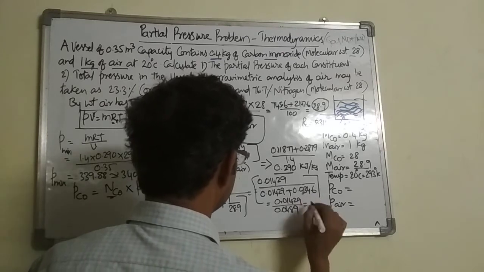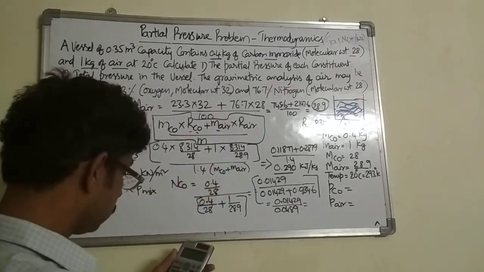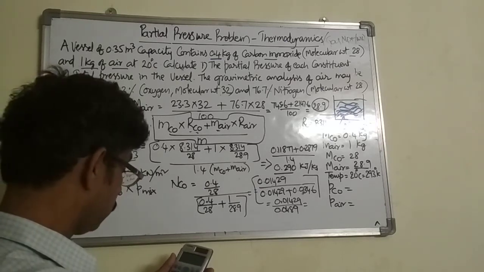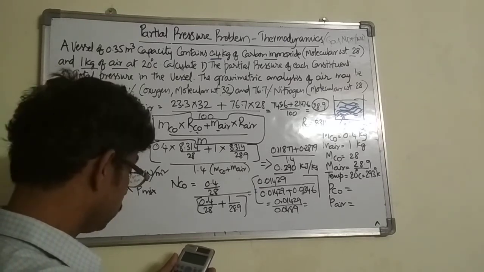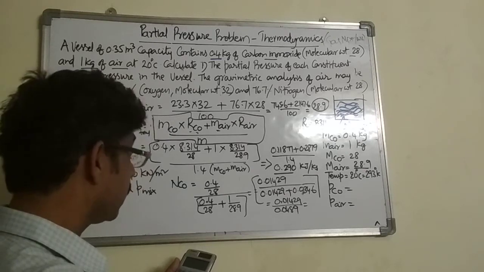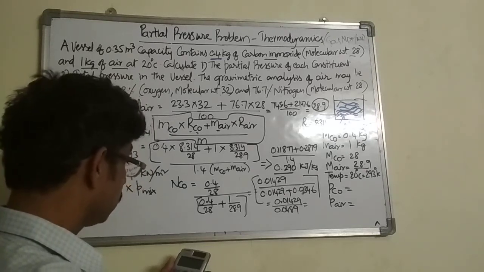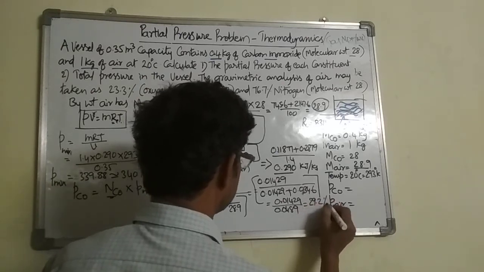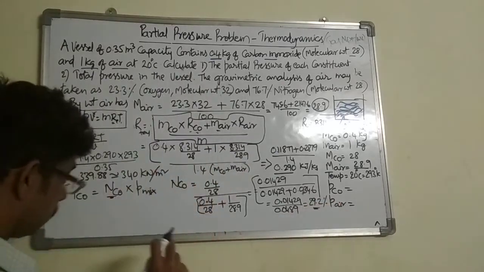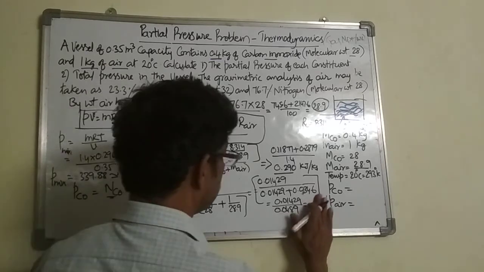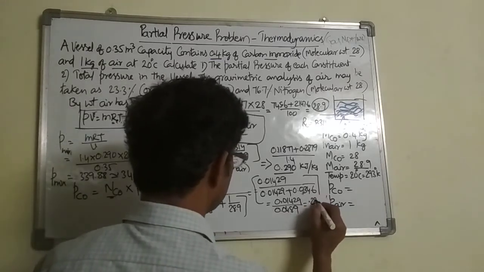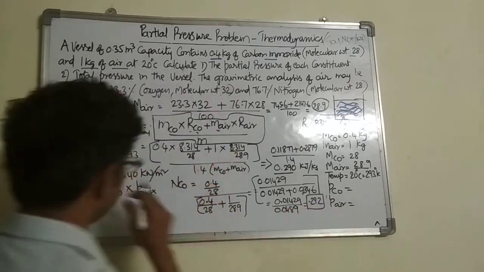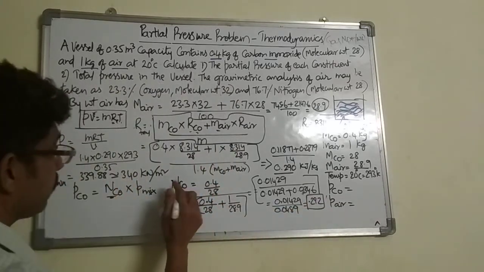So if I divide these two things, 0.01429 divided by 0.0489, that is about 0.292 is the mole fraction of this particular thing. So this is the mole fraction of your carbon monoxide.